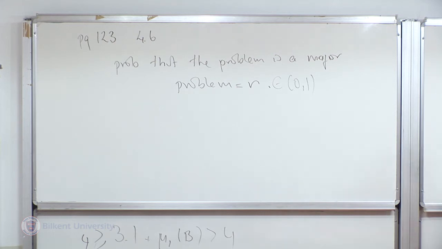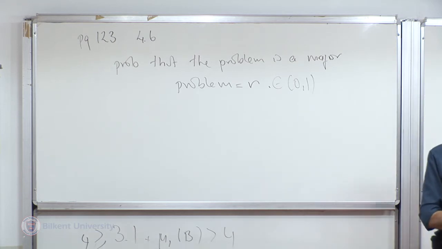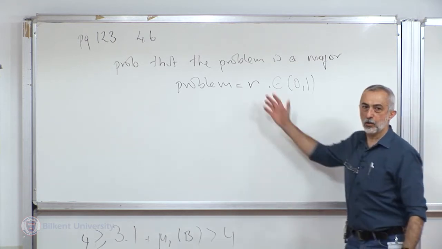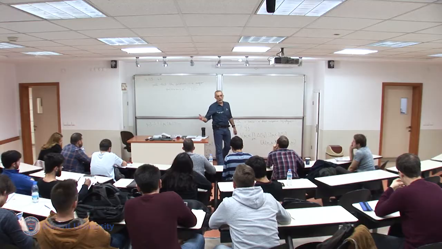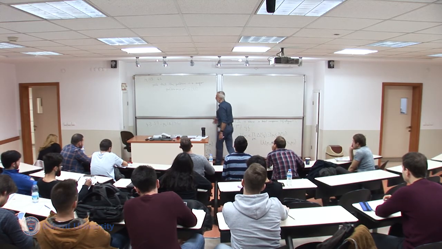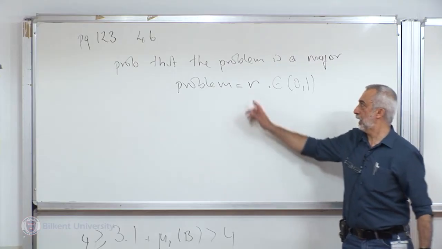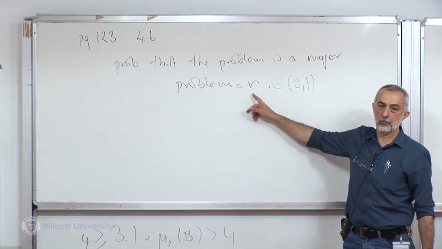So essentially what this means is that among all the people who own the same car, the same computer that you own, those who had problems, 100 times r percent of them had a major problem.